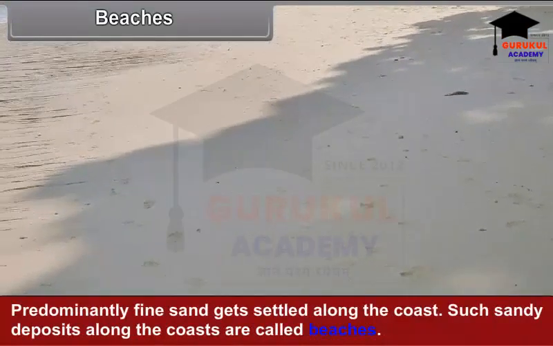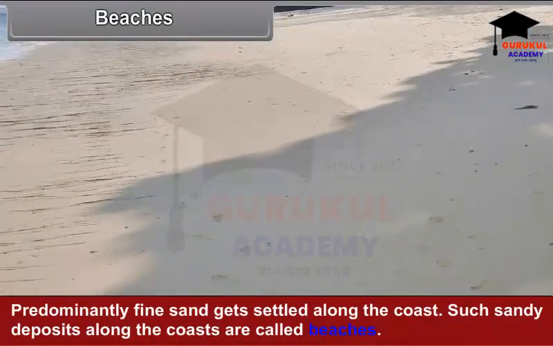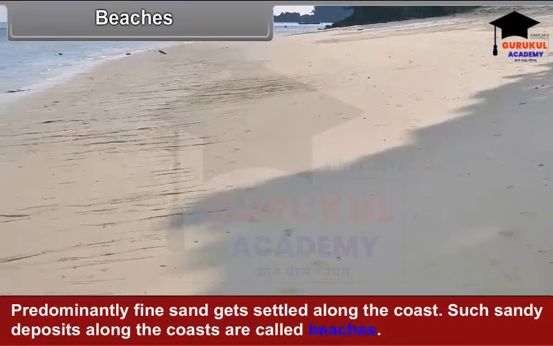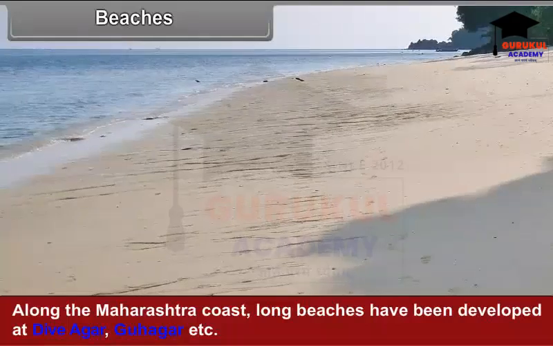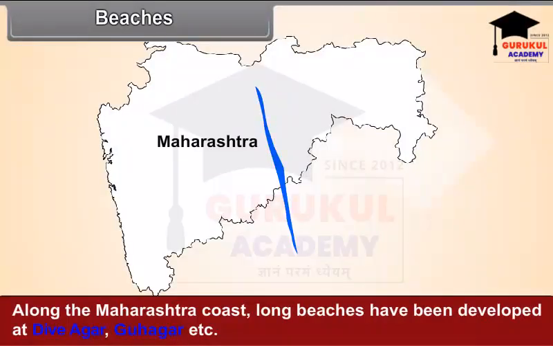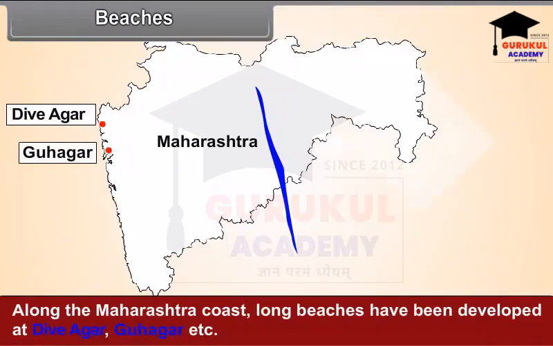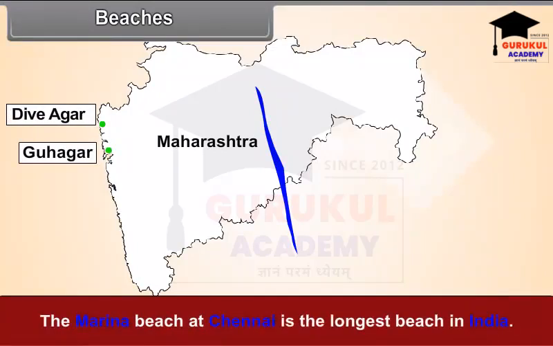Predominantly fine sand gets settled along the coast. Such sandy deposits along the coasts are called beaches. Along the Maharashtra coast, long beaches have been developed at Diveagar, Guhagar, etc. The Marina Beach at Chennai is the longest beach in India.